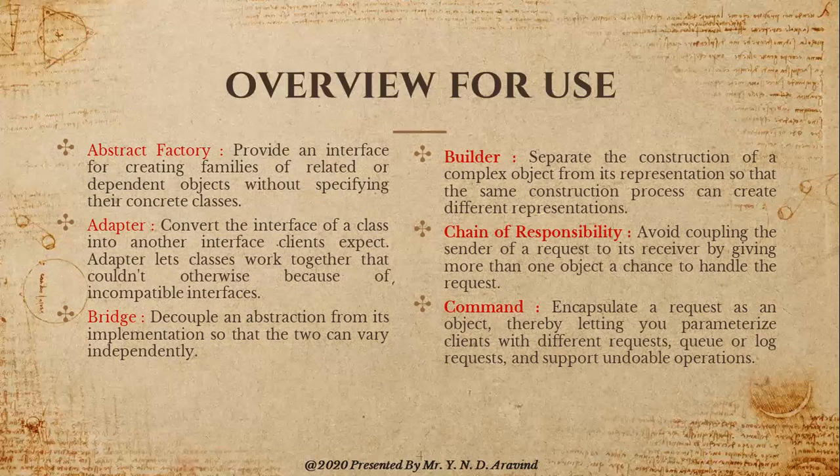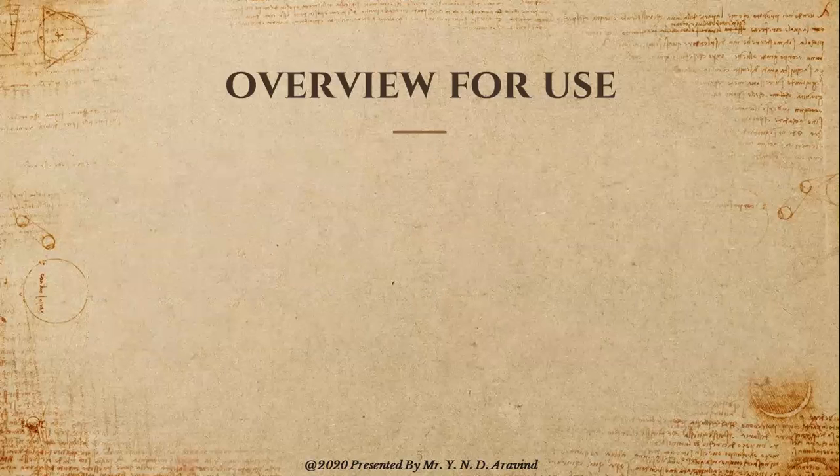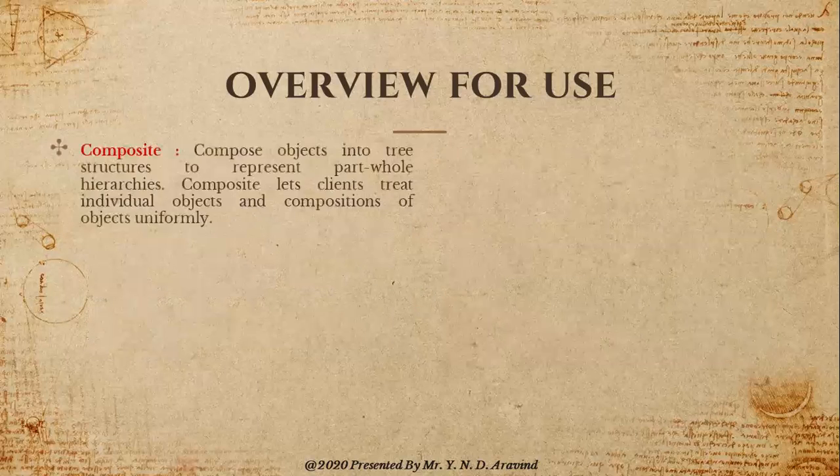The seventh one is Composite. Here we compose objects into tree structures to represent part-whole hierarchies. Composite lets clients treat individual objects and compositions of objects uniformly.